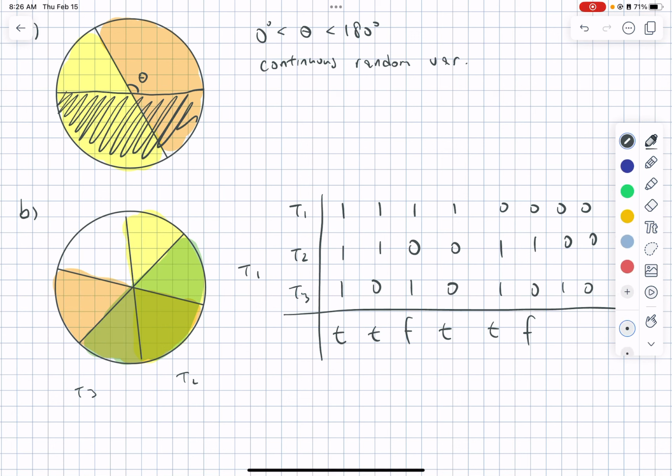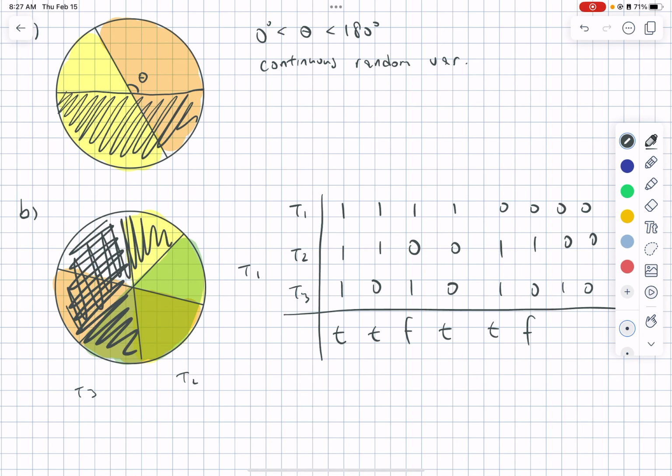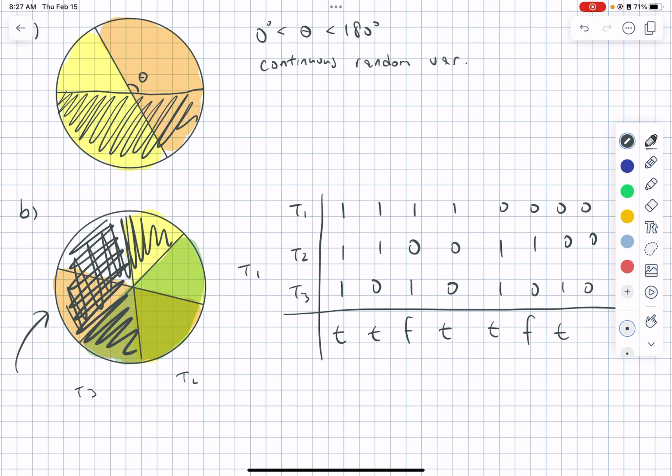If T1 and T2 are reflected over, however, we can see that this section of the pizza is covered by all three toppings. So this is again true. And if T1, T2, and T3 are all reflected over, then this previously white section of the pizza is going to be covered by all three toppings. So this is again true.